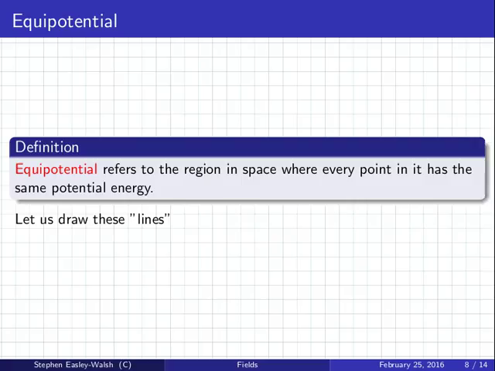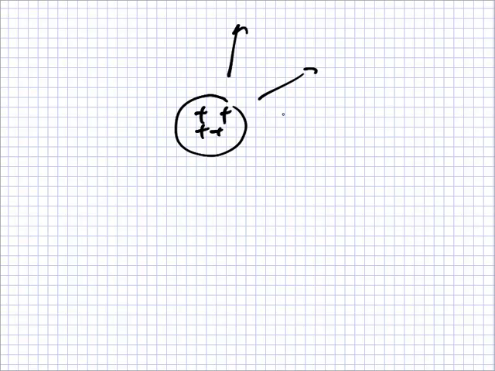Yes, I can draw them now. So the first one, the point and the sphere, let me draw an example. Let's say I have positive here, and there's a field going out. What do you think the equipotential lines might look like?